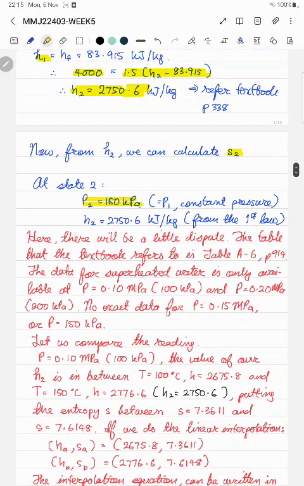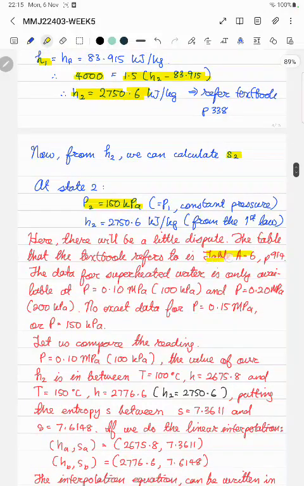The textbook solution says to refer to table A6, which has values for P at 0.15 megapascal, or 150 kilopascal.